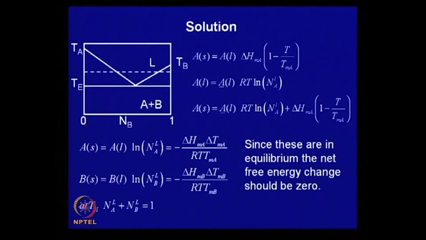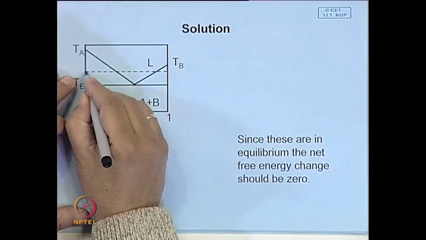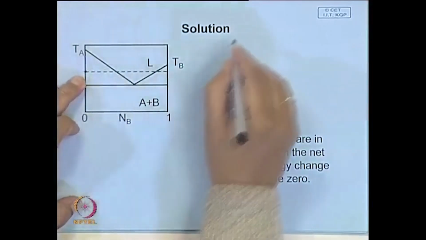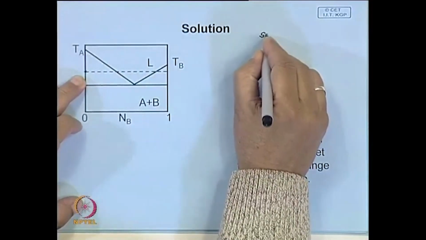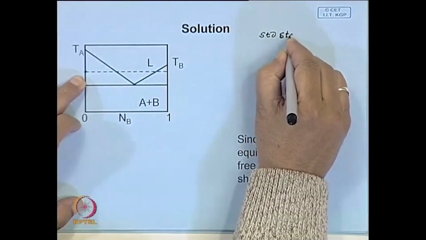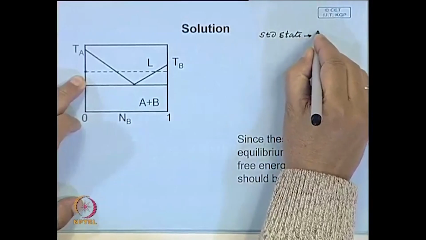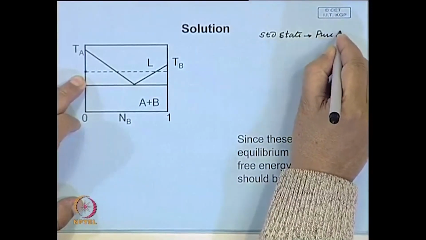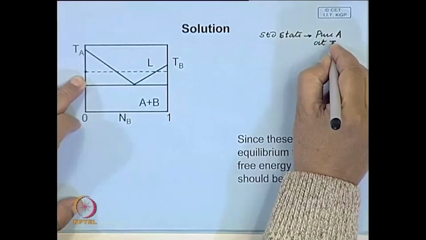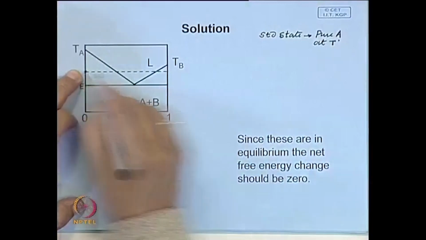Suppose you take pure A as the standard state. In free energy calculation, definition of standard state is quite important, and we take the standard state as pure A at temperature T.